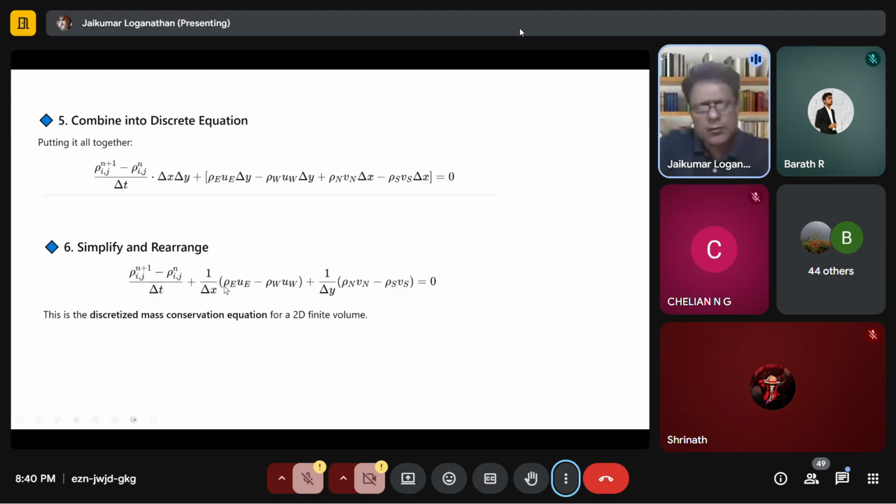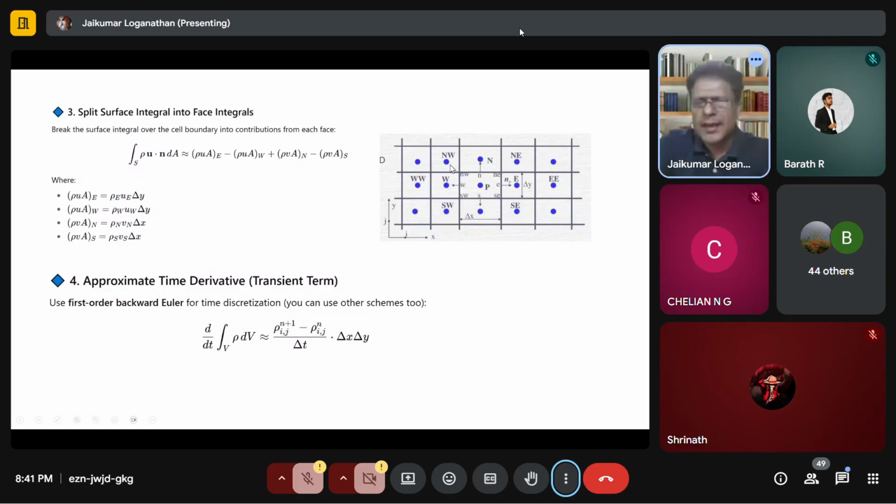Okay, so after initializing, I know rho e because I've initialized. I know u e. So all the terms are known, and this is the only unknown here. With all the values that I know here, how do I find the density for the next time instance, right? So you can just go through each cell.